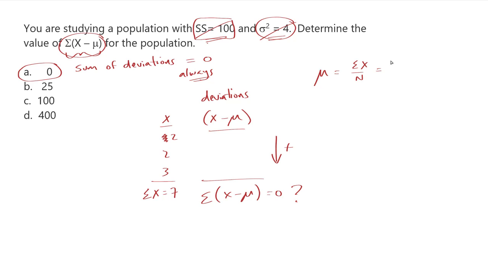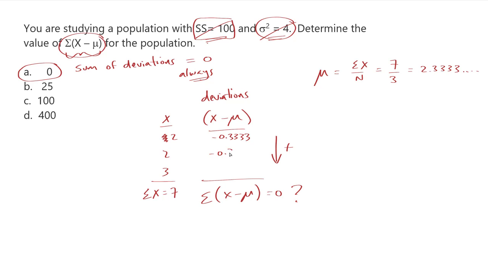So it's going to be 7 over 3, which is 2.333, and so on. This carries on. If I take that away from each one of these, 2 minus 2.333 is going to be negative 0.3333, and so on.